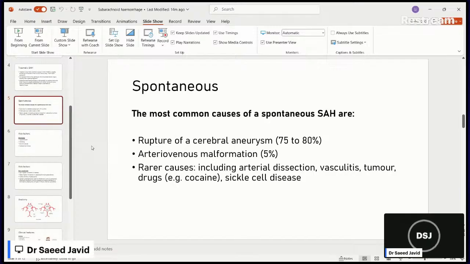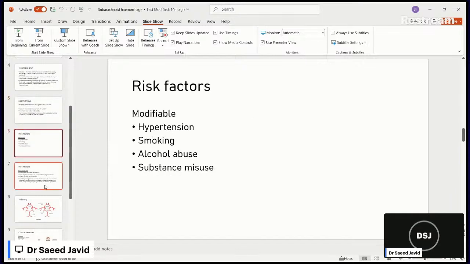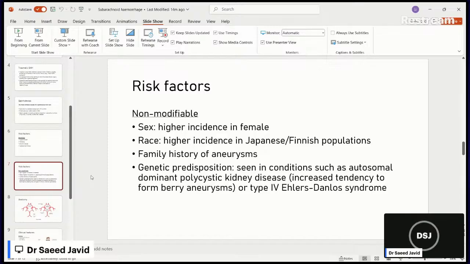With aneurysms, oftentimes the risk factors are being of the female gender, and hypertension and smoking are two really big risk factors. Another couple of things I'll put in risk factors are autosomal dominant polycystic kidney disease, a kidney disease where people have the tendency to have lots of berry aneurysms.